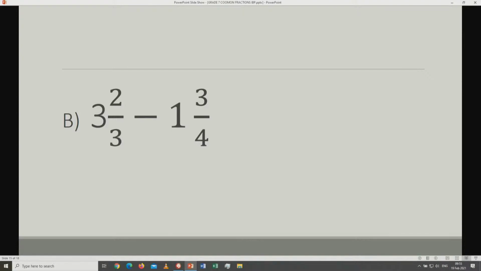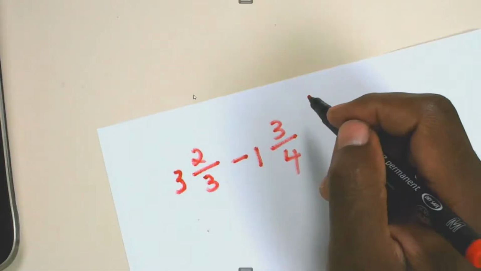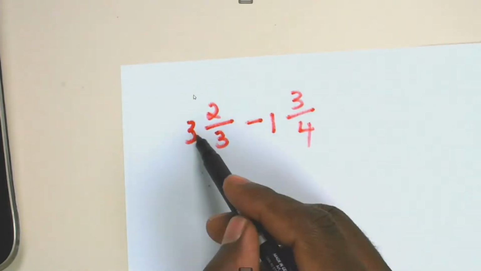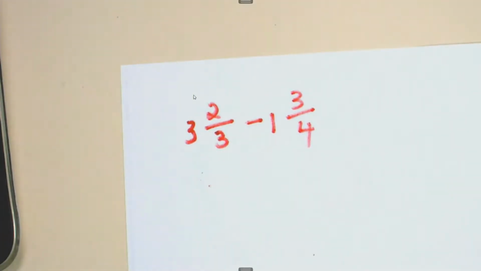Subtracting mixed numbers, still the same rule. What do we need to do? We need to change the mixed number into an improper fraction. How do we do that?